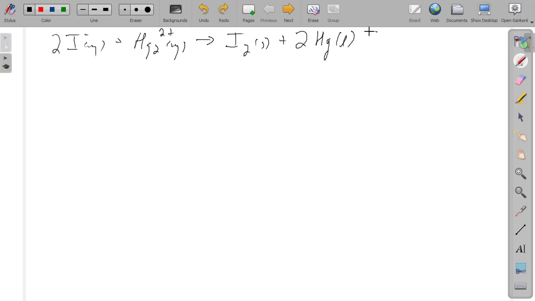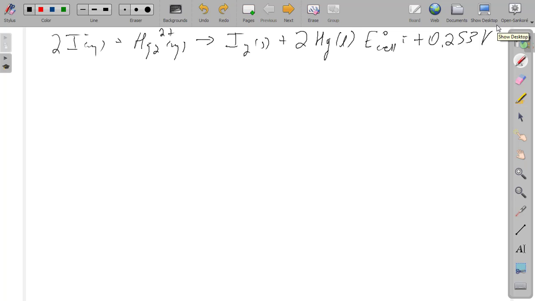And the E0 cell for this process is positive 0.253 volts.